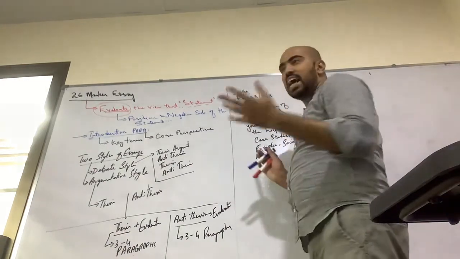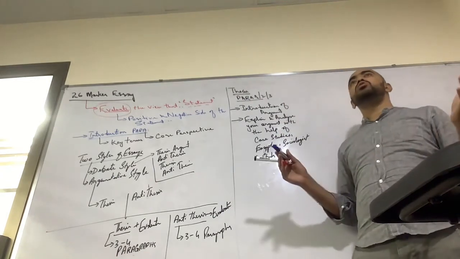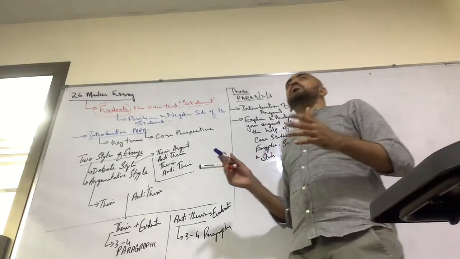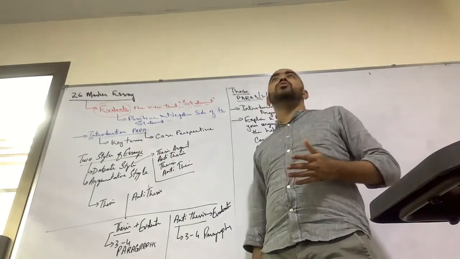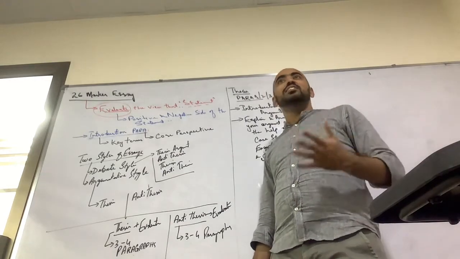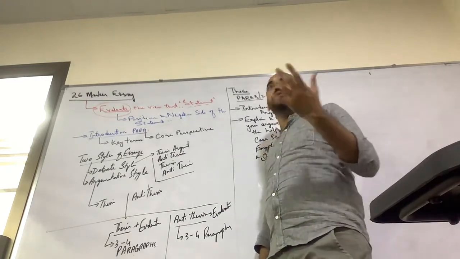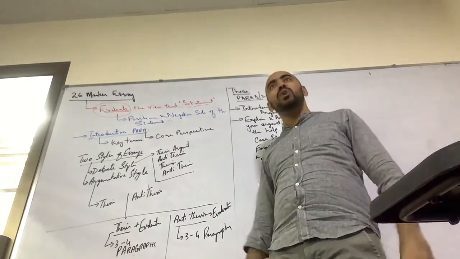You can add on the stats also, like inequality is a social problem. You can say in most of the world, 80% of the world's wealth used to be owned by only 80 individuals. These are the capitalists who control all the wealth of the world.